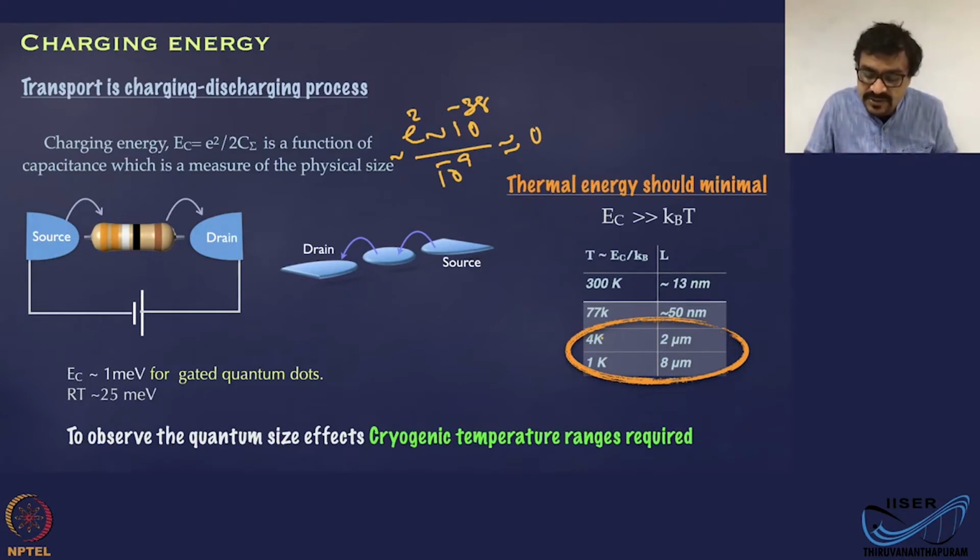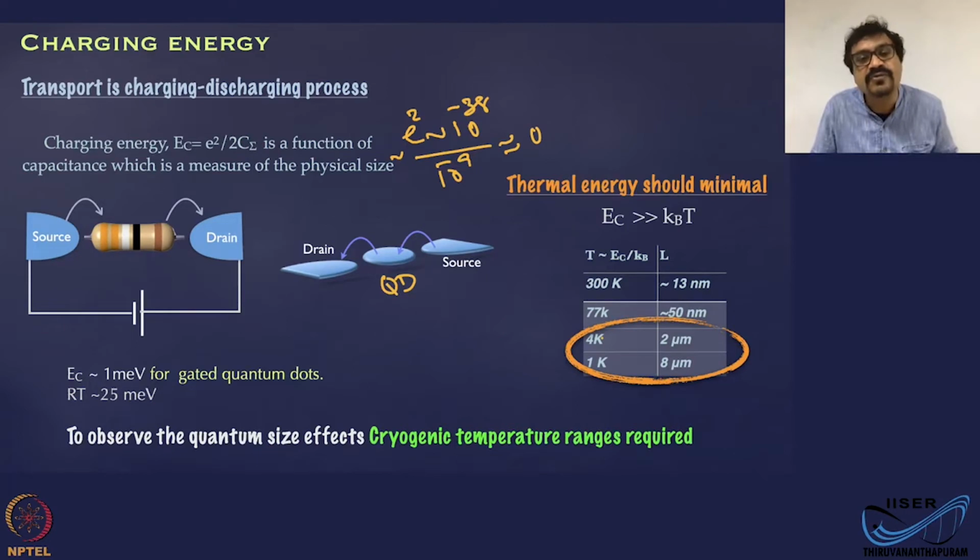To charge and discharge, or to transport electrons through the quantum dot, let me mark it as QD, the energy that is required is substantial because the capacitance is very small.